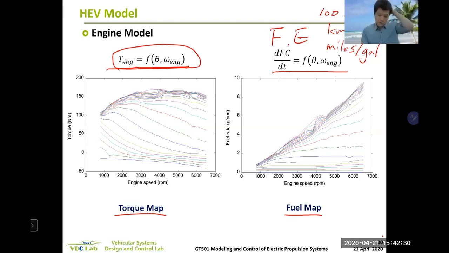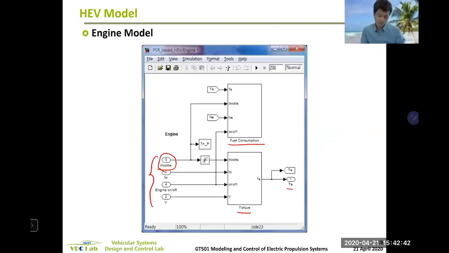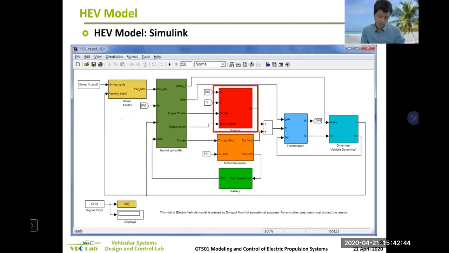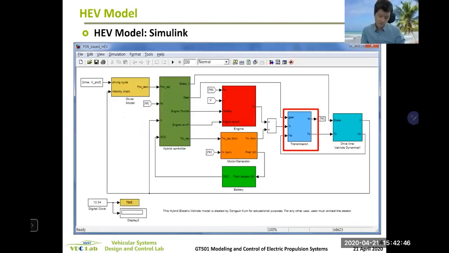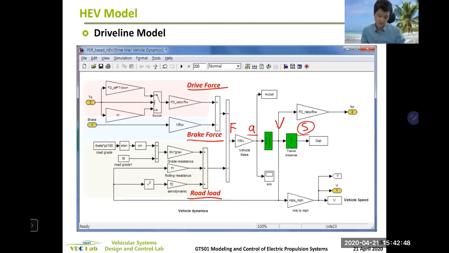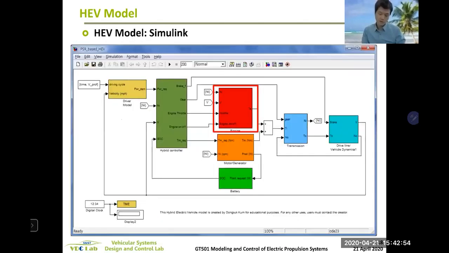In order for you to compute fuel economy, you need to compute how many miles or kilometers you have traveled. From here, distance, right? What other information do you need?